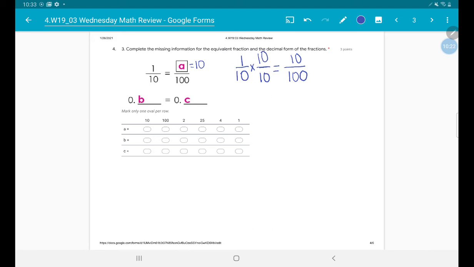What's different about the word tens here and the word tenths? What's different about tens and tenths? What do you see, Tommy? You add a T, H, and S to it.